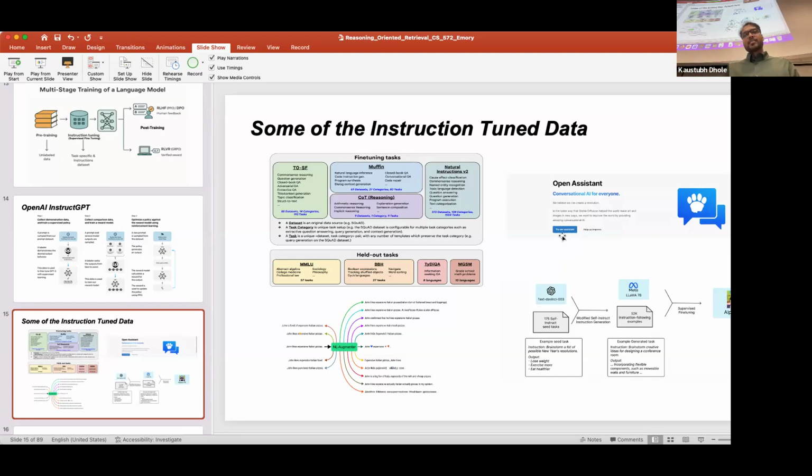Then there was another effort after InstructGPT where a lot of researchers came together and used Open Assistant. They wrote a lot of conversations. Then there was the interesting Stanford Alpaca approach as well, wherein a model was used to generate these responses and tasks, and that was used to instruction tune our model.